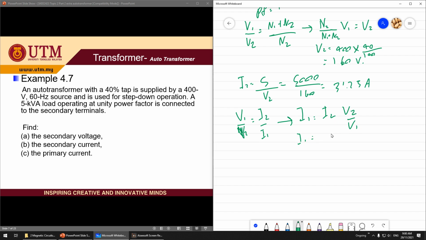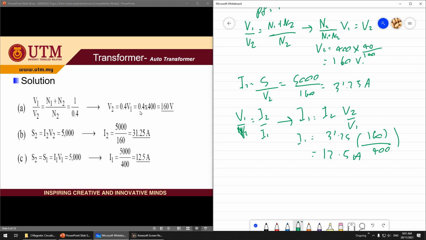I1 is equal to 31.25 times 160 divided by 400. So you get 12.5 ampere. So this is how you solve the auto transformer. Let me check 160. Yes, the answer is here.